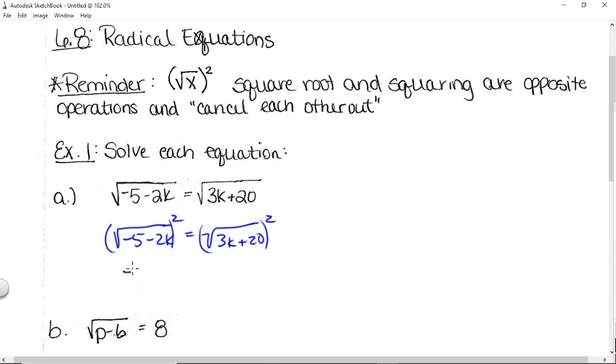So we have on the left just negative 5 minus 2k equals, and on the right, the 3k plus 20. So whatever was inside that radical, that's what you get after you square both sides. Okay, so this is just a linear equation that you guys know how to solve.